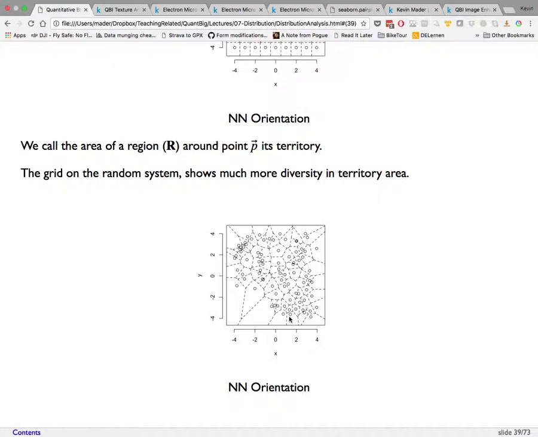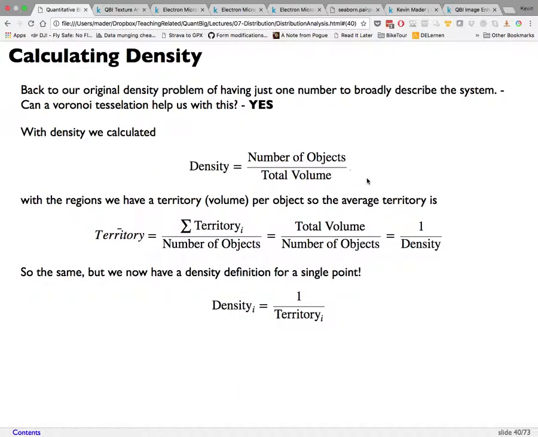You don't require any other parameters or any tuning or adaptation to your system. And if you move one of these points a little bit here, the territory isn't going to change massively. And so this is a much more ideal way to calculate these kind of things because you don't require so many assumptions to go into your system.